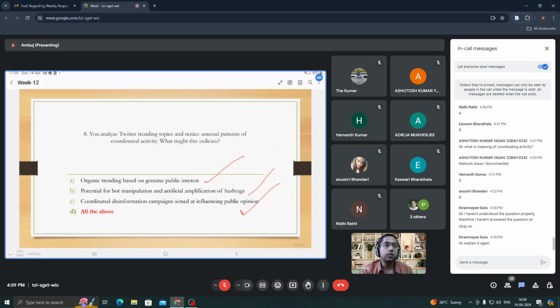Okay, first possibility. The second possibility is the potential for bot manipulation. Already I've told you that bots are automated coding platforms. They try to influence the communication of information. How do they do it? They do it automatically because the coding has been done to repost that particular information. Bots will also try to communicate with other bots.